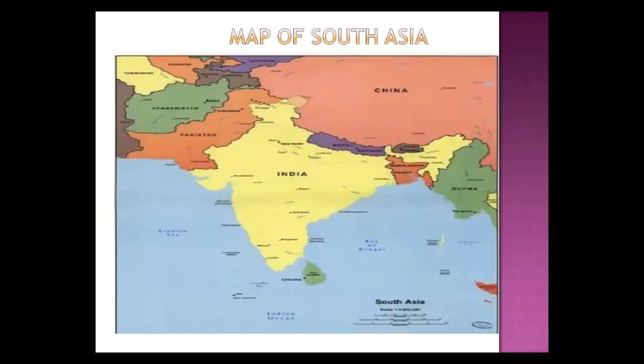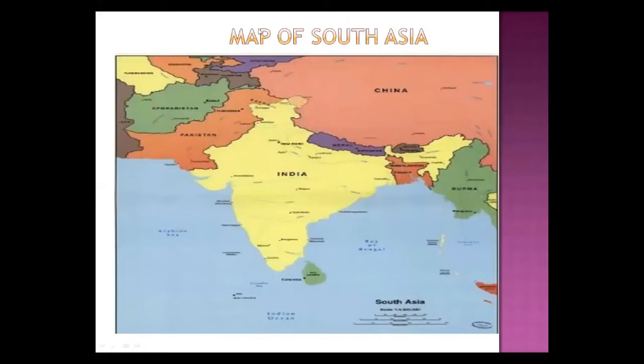This is a map of South Asia. Pakistan is located in the south of Asia, having neighboring countries. We already discussed the South Asian map.